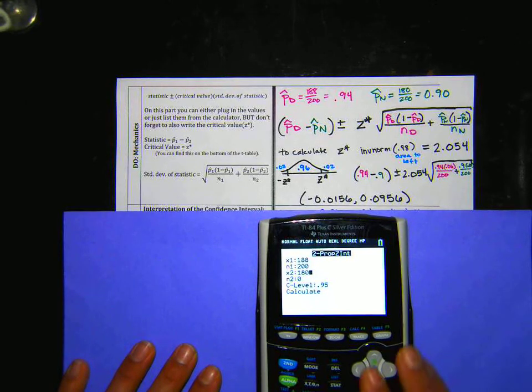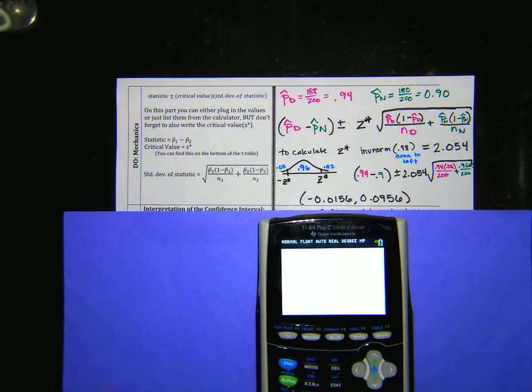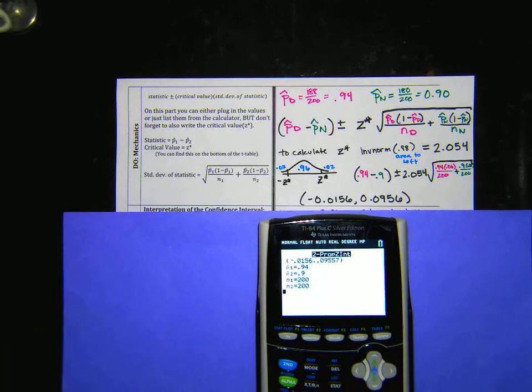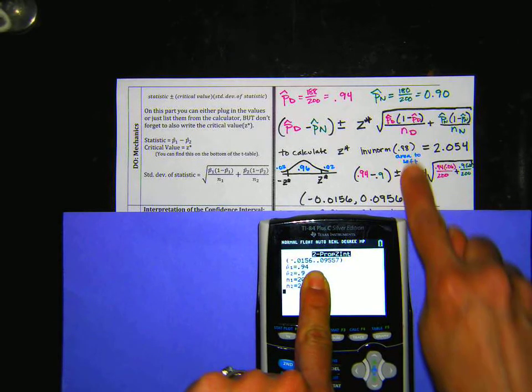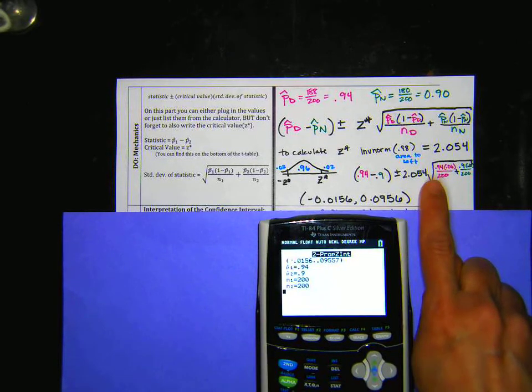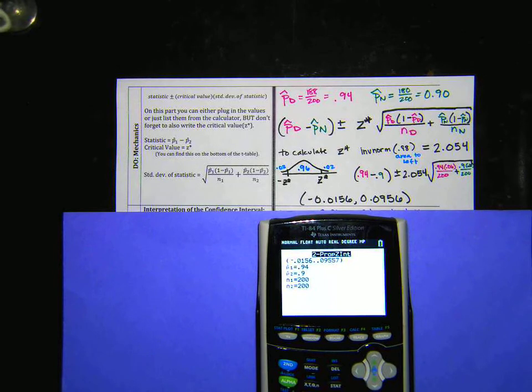Our night shift had 180 out of 200. Our confidence level is 0.96, 96% confidence. We calculate, and my calculator does give me the exact same confidence interval, with a little bit of rounding error. This also serves as a good check. If you have the time, you can show all of this by hand, which I encourage you to do. You can get partial credit just in case you put something in wrong, and then also check in your calculator.